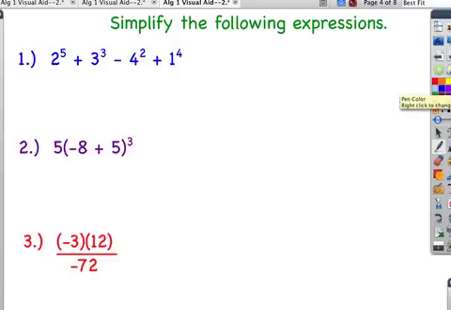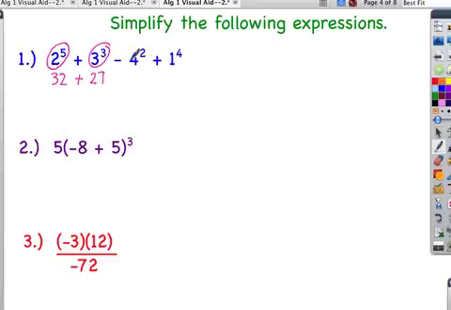Number 1. When following order of operations, I'll be doing the exponents first in this case. So 2 to the 5th, which gives me 32. 3 to the 3rd, which gives me 27.